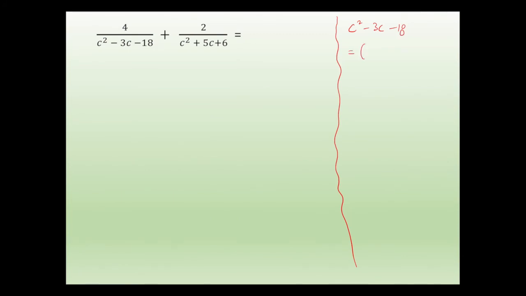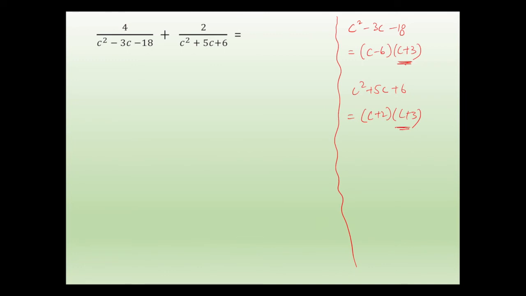In fact, you can. It actually becomes (c minus 6)(c plus 3). And what about the next one? C squared plus 5c plus 6. That becomes (c plus 2)(c plus 3). Therefore, you can see that there is a common factor c plus 3.